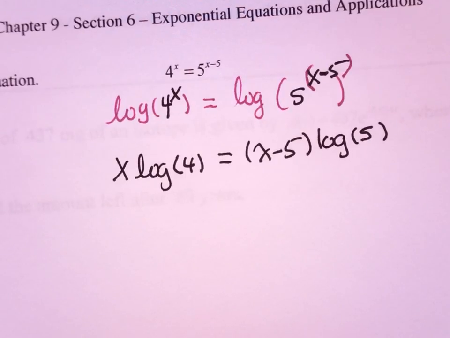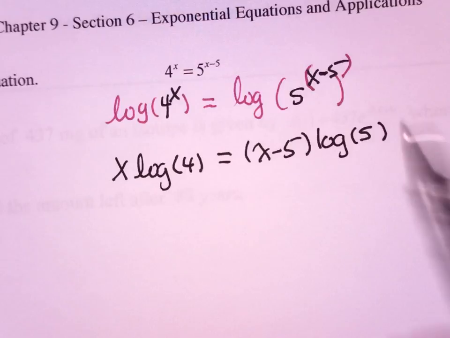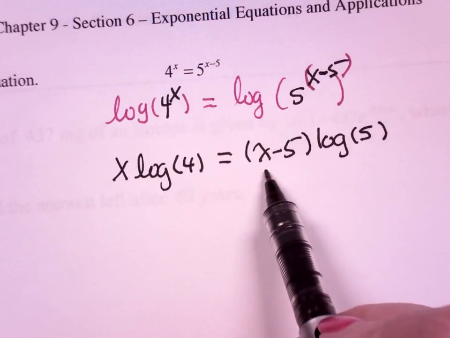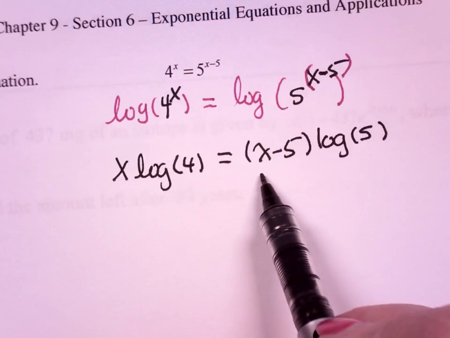Now what do I do? I could divide log of 4 by log of 5, but notice the x is in parentheses. I don't have a choice, I've got to remove those parentheses.